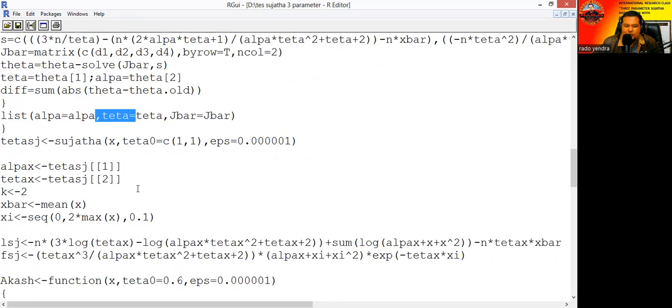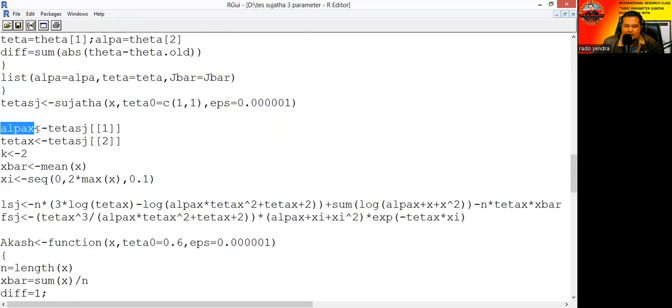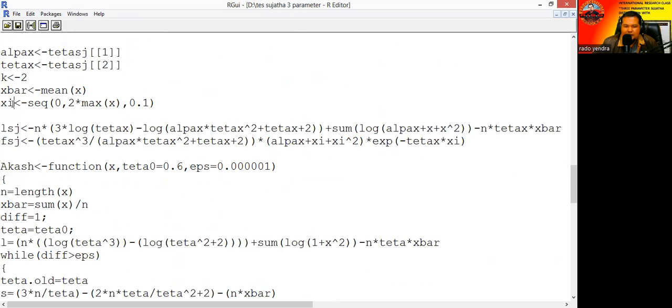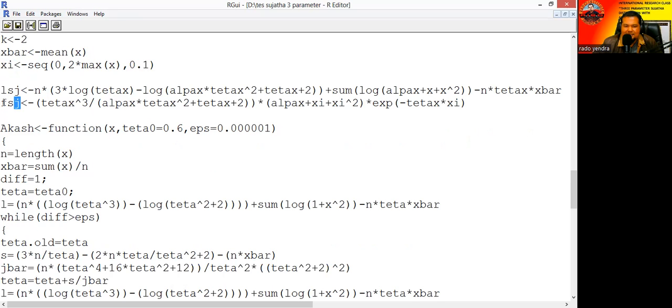Okay, of course, we give the parameters alpha and theta for the Two-Parameter Sujatha, theta x for the Two-Parameter Sujatha. And don't forget we use xi, the sequence from 0 to 2 times the maximum of the data with the step 0.1, and then for this one, the density of the Two-Parameter Sujatha, we use xi. You must remember this is to produce the smooth graphs.